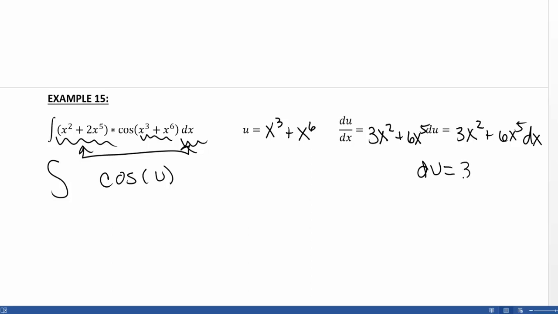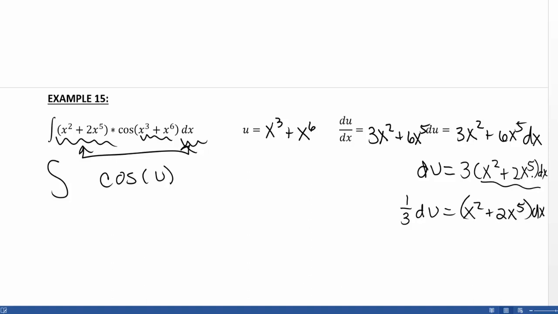If I factor out a 3 here, I'm left with an x squared plus 2x to the fifth dx, and that matches what I need. That means I need to divide both sides by 3 to isolate the term on the right to match what's in my antiderivative. So I have 1/3 du equals x squared plus 2x to the fifth dx.